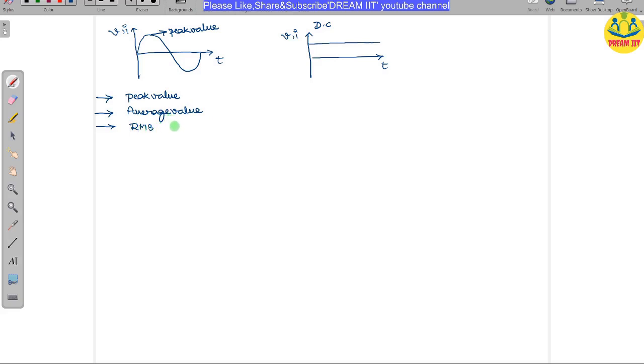All these names are for the RMS value only, so don't get confused. To represent the magnitude of the AC, we are taking these different values. Peak value you know already, so there is no need to explain it. Let us move on to the average value.